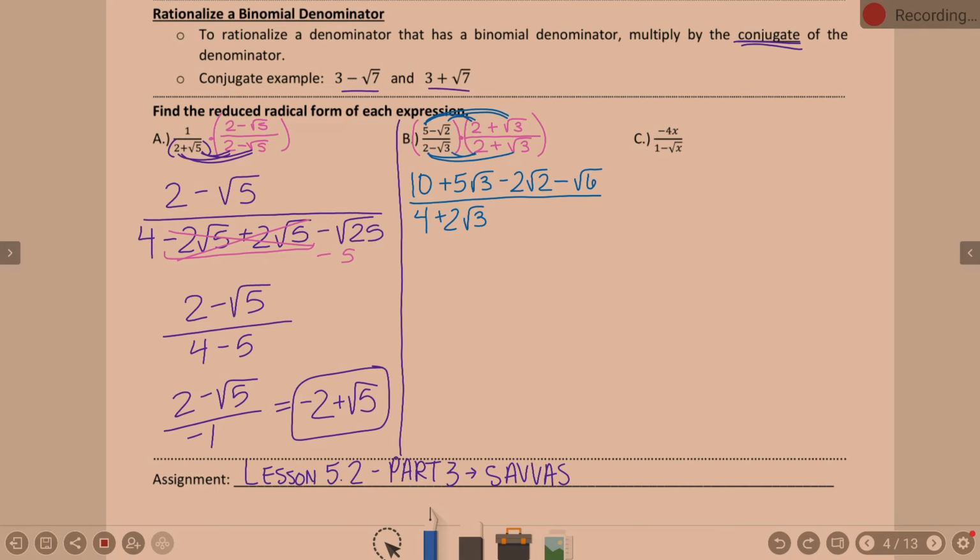Minus square root of 3 times 2 is minus 2 square root of 3. Minus square root of 3 times positive square root of 3 is minus square root of 9, or if you want, you could make that minus 3. Alright, cleanup options. What happens in the numerator?